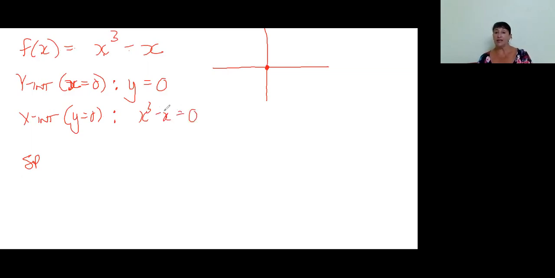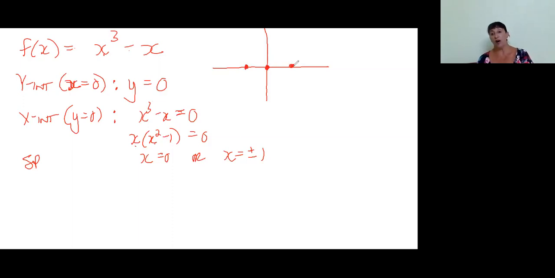And I then treat this like a normal equation. Everything to one side equal to 0, factorize. Take out the x, you're left with x squared minus 1. So either x equals 0 or x squared equals 1, so x equals plus or minus 1. Or you could have squares, okay? Those are my x-intercepts. So there's one at minus 1 and one at plus 1 and 0 again.